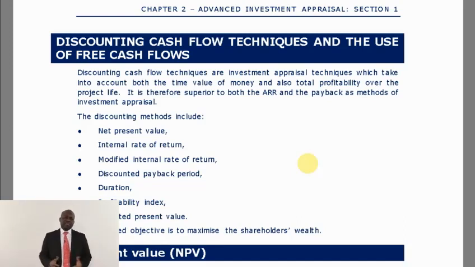The question is, how can that financial manager identify that profitable investment? That investment is supposed to be appraised. So investment appraisal is basically the process the financial manager has to go through in order to ascertain whether undertaking the project will lead to maximization of shareholders' wealth, which is the assumed financial objective in financial management.